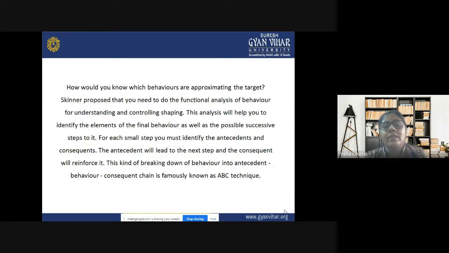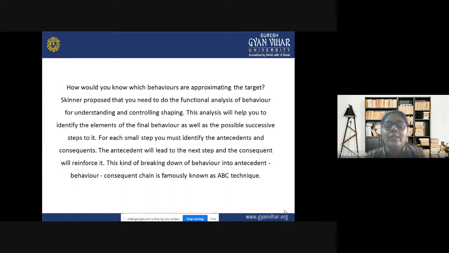For that, Skinner said that if you want to understand what is approximating the target, we need to do the functional analysis of behavior for understanding and controlling shaping.